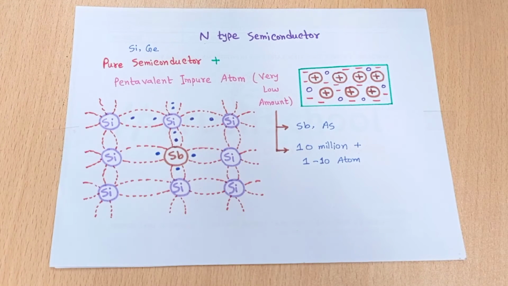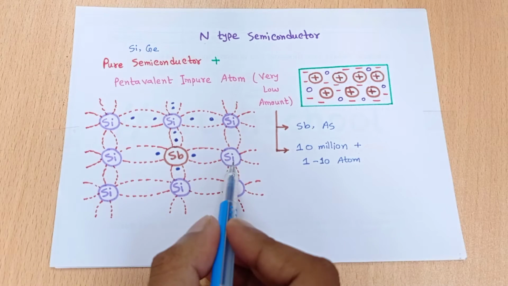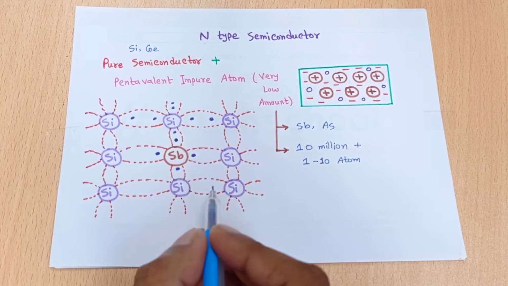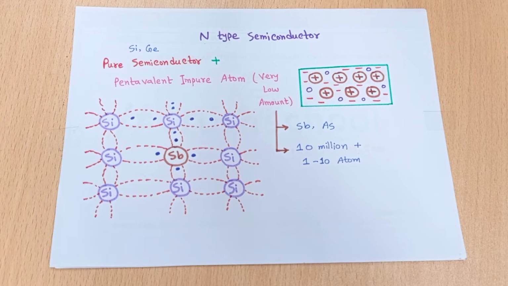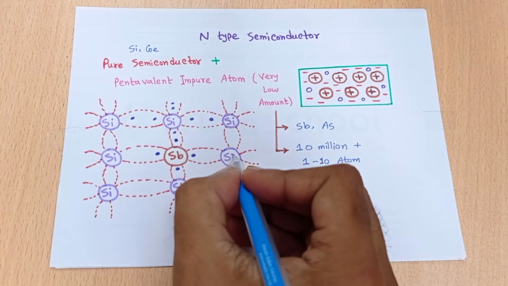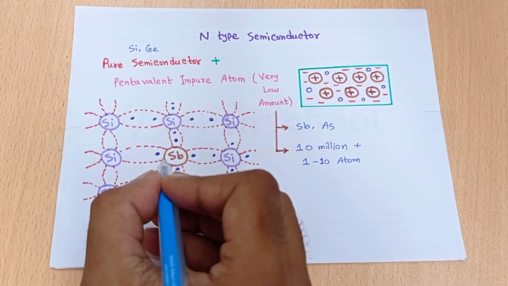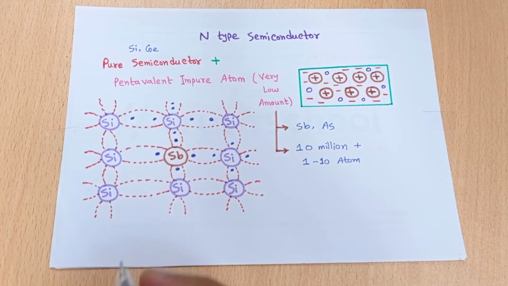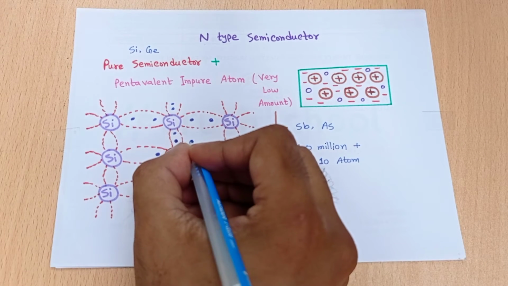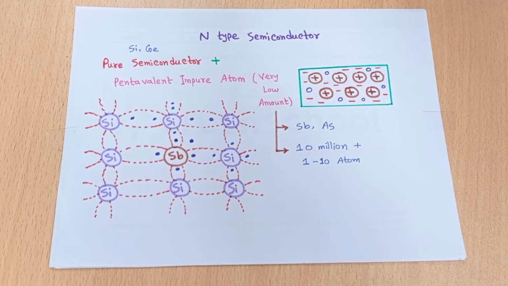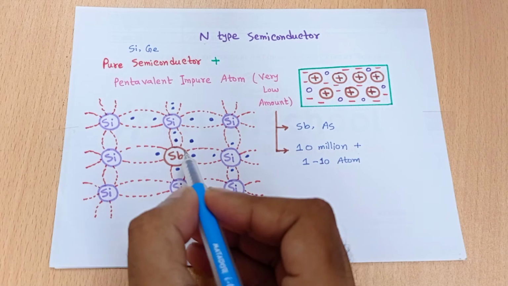But the extra electron cannot combine with any silicon atom, because silicon only has 4 hands, or 4 valence electrons, so it cannot attach to the new antimony electron. That's why this electron stays there, and it is a kind of free electron.